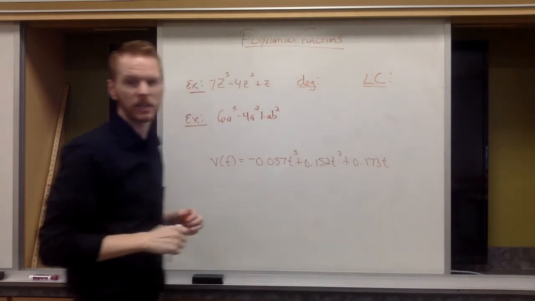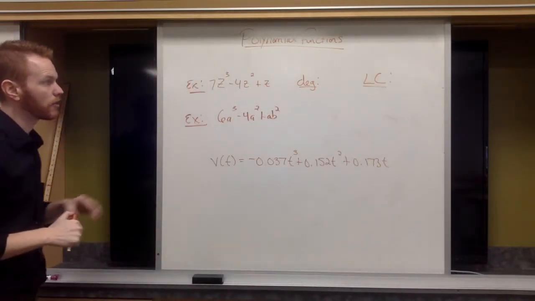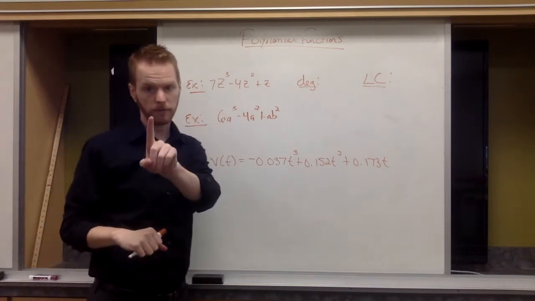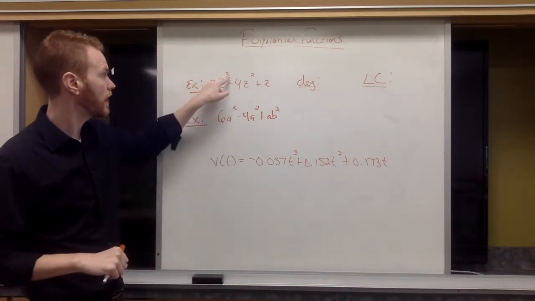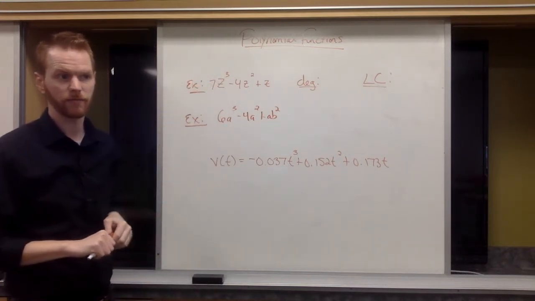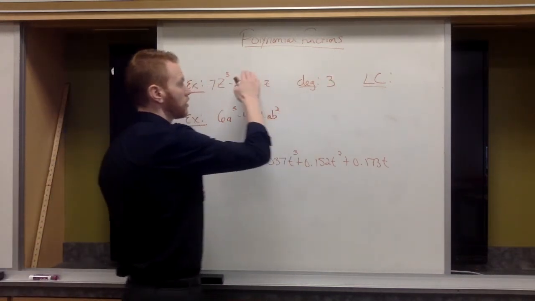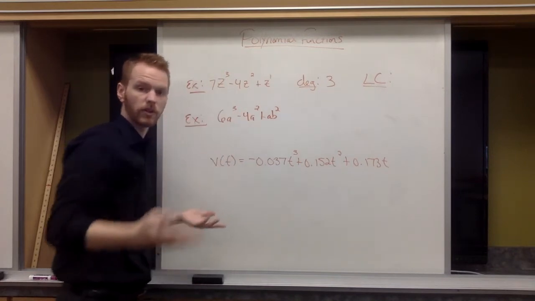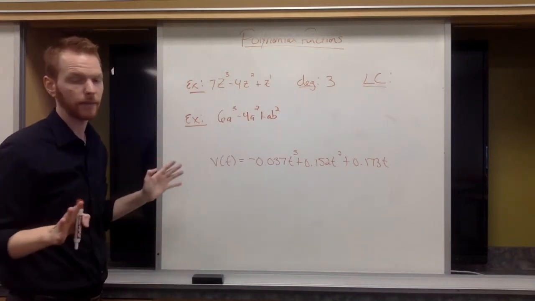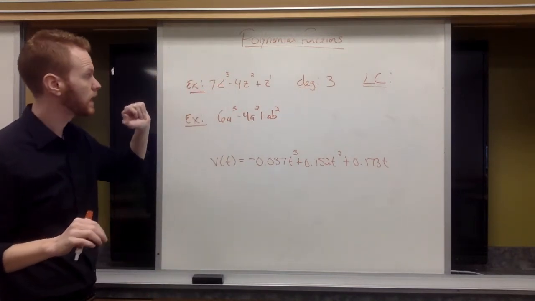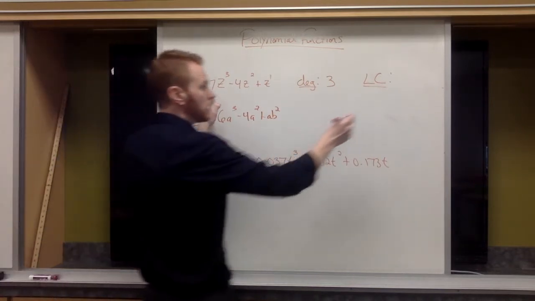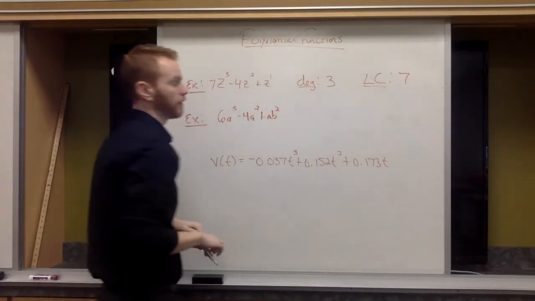That's what LC stands for. Now, the degree of a polynomial function with one variable is the one that has the largest integer value. In this case, it's going to be a 3. The 2 and the 1 here are not the largest, so we don't identify it only by this guy. The leading coefficient that goes with it, which is out in front, is going to be the 7.